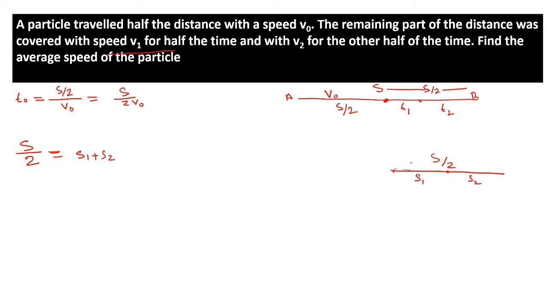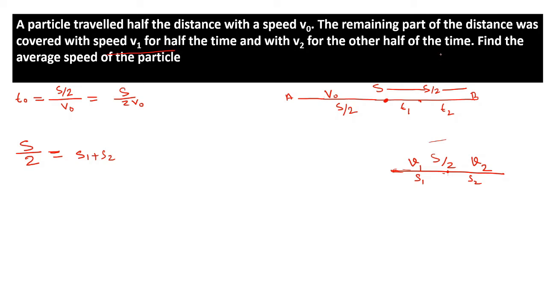For S1 distance the speed is v1, and for S2 distance the speed is v2. How much time is taken for S1? Half of the time.